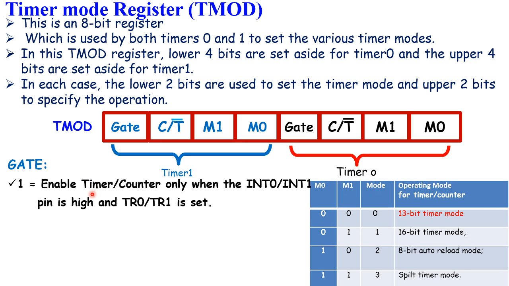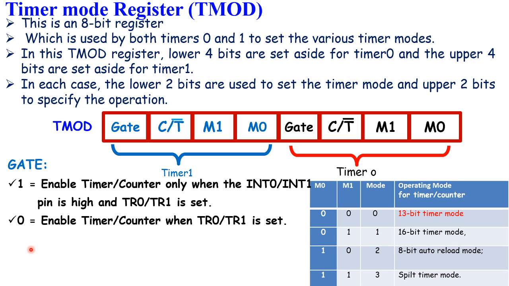Now, as we know, what is the function of the gate bit? When the gate bit is equal to 1, the timer or counter is enabled only when the external INT0 and INT1 pin is high and TR0, TR1 is set. So these are the flag bits, control bits. So the clock can be taken externally when gate is equal to 1, to count events or to generate the delay.